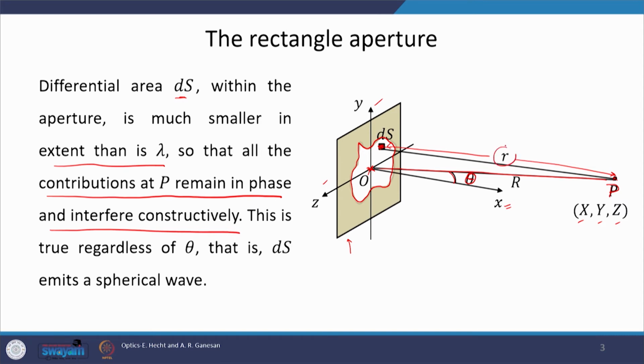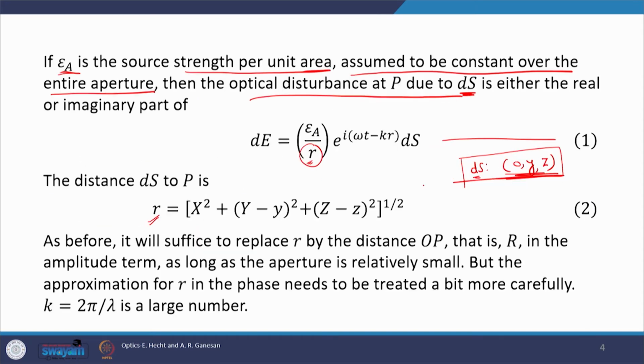P, which is given by small r, can be expressed by equation number 2, which is nothing but the formula of separation between 2 points whose coordinates are known. You know that if we have 2 points whose coordinates are x1, y1, z1 and x2, y2, z2, then the distance between the 2 points would be equal to the square root of (x2 minus x1) whole square plus (y2 minus y1) whole square plus (z2 minus z1) whole square, and this is exactly what is done here too in equation number 2.